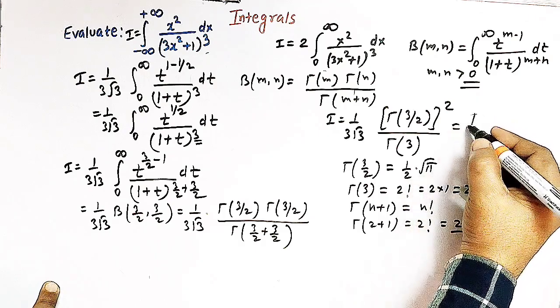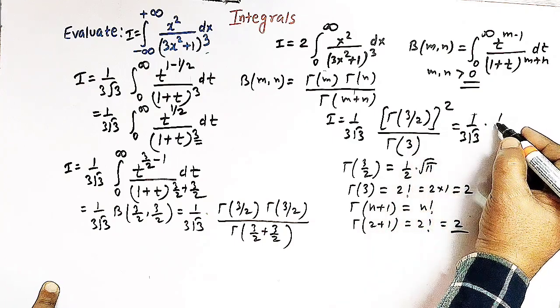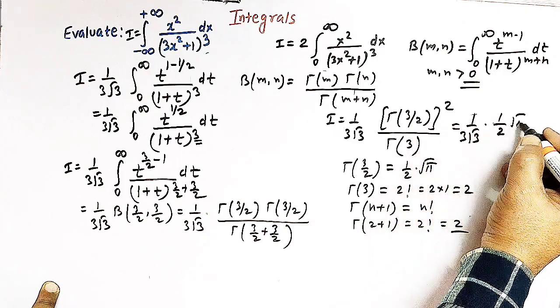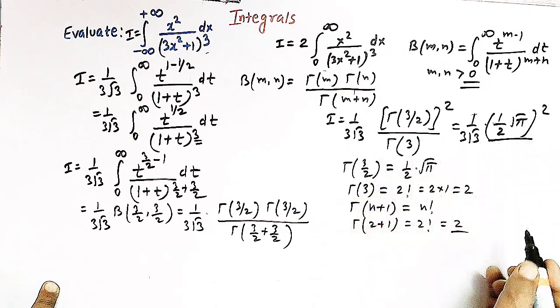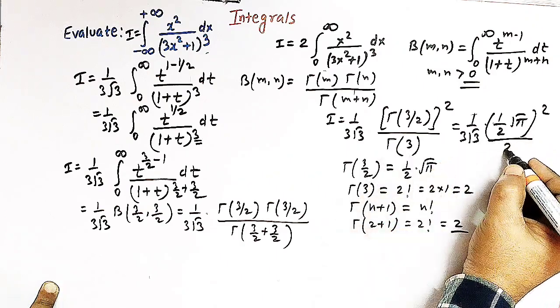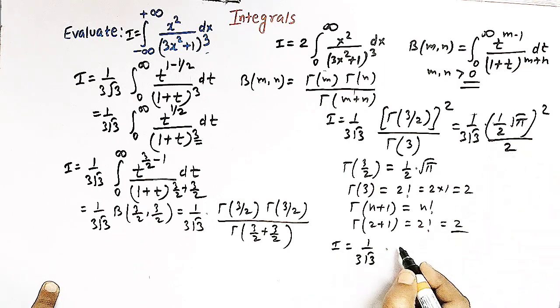So we can now write 1 over 3 root 3, and here we have 1 over 2 root pi squared, and gamma 3 is equal to 2. So now I is equal to 1 over 3 root 3, and here we have 1 over 4 pi, and here we have 2.